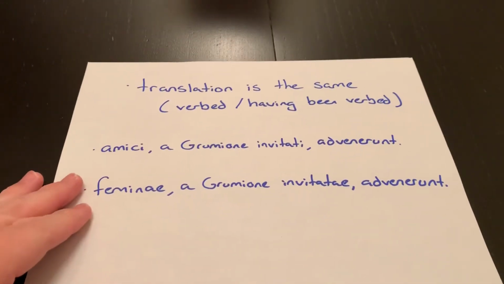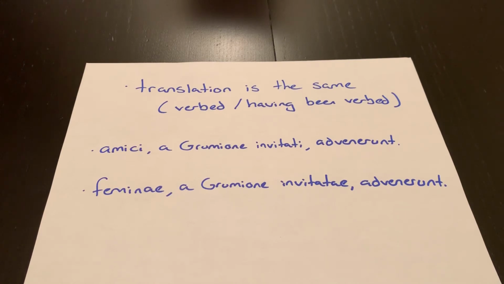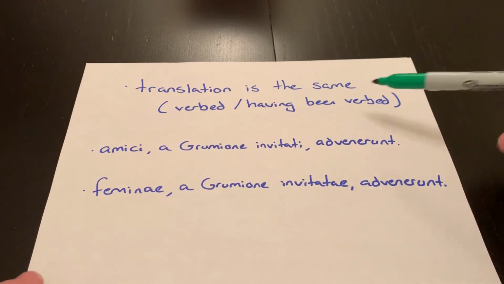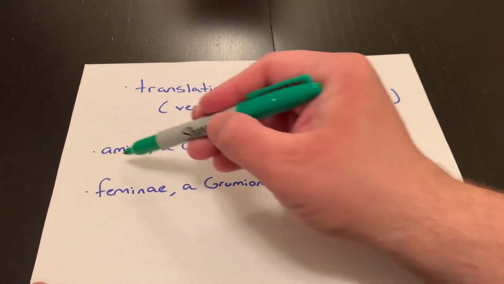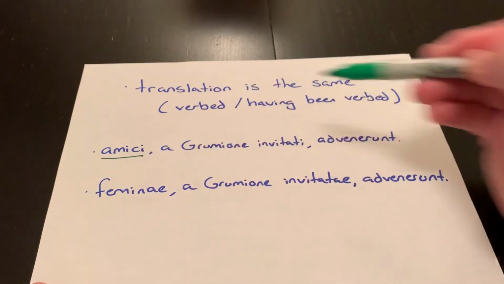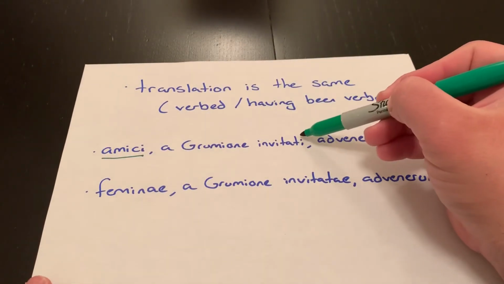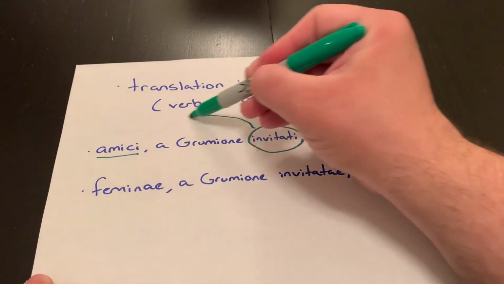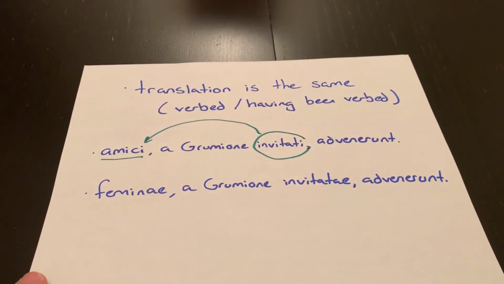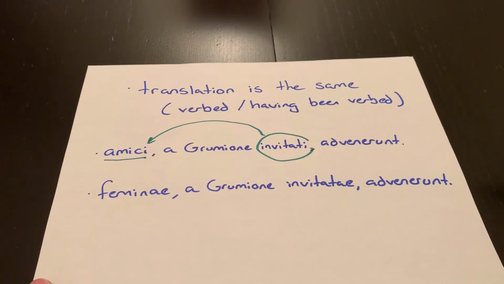Okay? And for translating these, there's no difference in translating. You're just going to have a plural antecedent. They are still translated verbed or having been verbed. Okay, so here we have the amici, the friends, agrumione invitati, having been invited by Grumio, arrived.